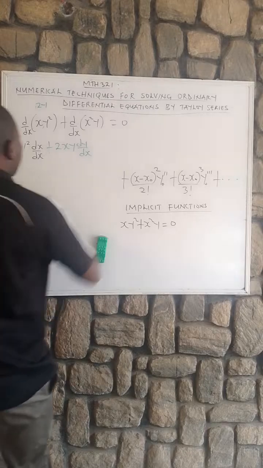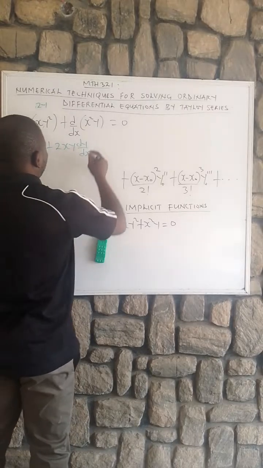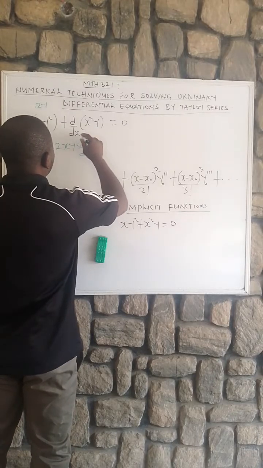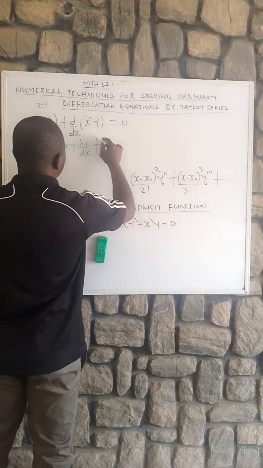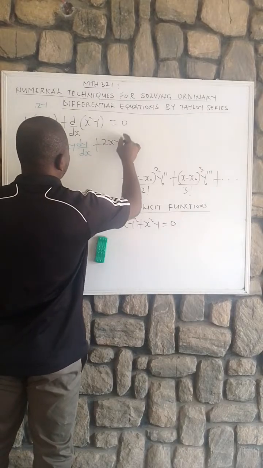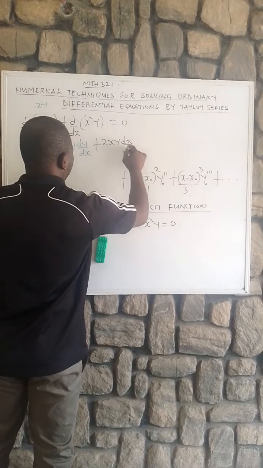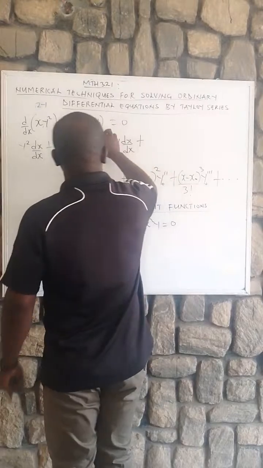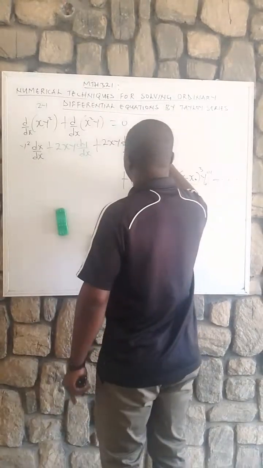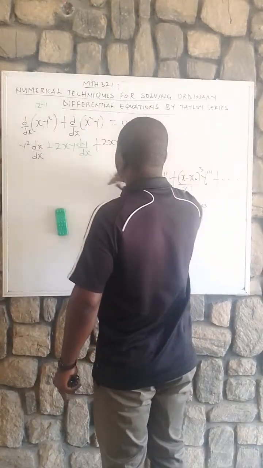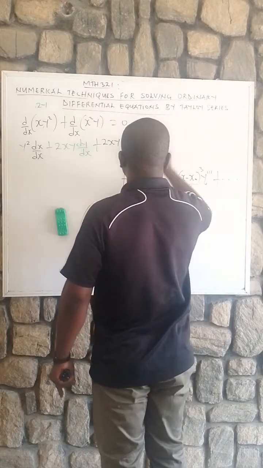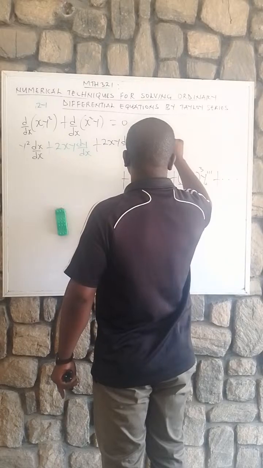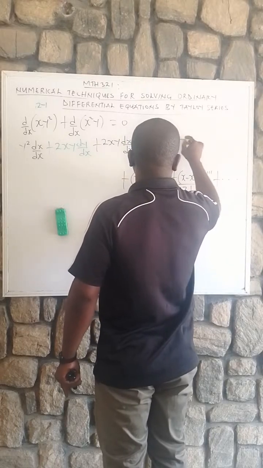So now the same thing is applicable here. We are going to do the same thing. Differentiate x squared over y: you are going to have 2xy dx over dx. Then plus, differentiate y holding x squared constant, you have 1, use it to multiply this, you have x squared dy over dx, which is equal to 0.